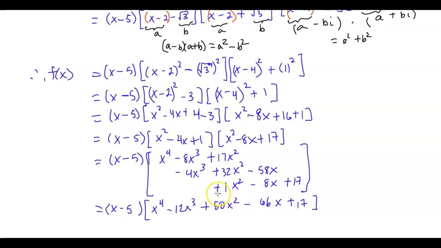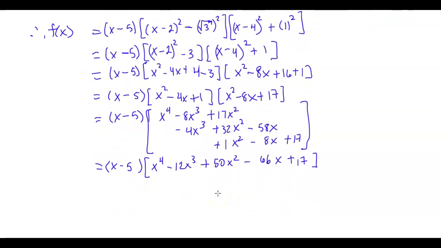All right, and so now we finally just multiply x minus 5 times everything. And so first we'll multiply through by x for all of these terms here. So that gives me x to the fifth minus 12x to the fourth plus 50x cubed minus 66x squared plus 17x.